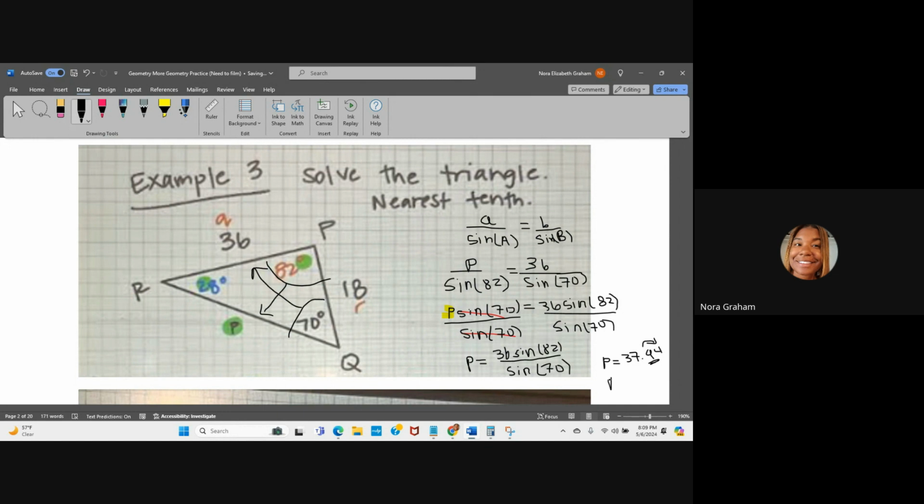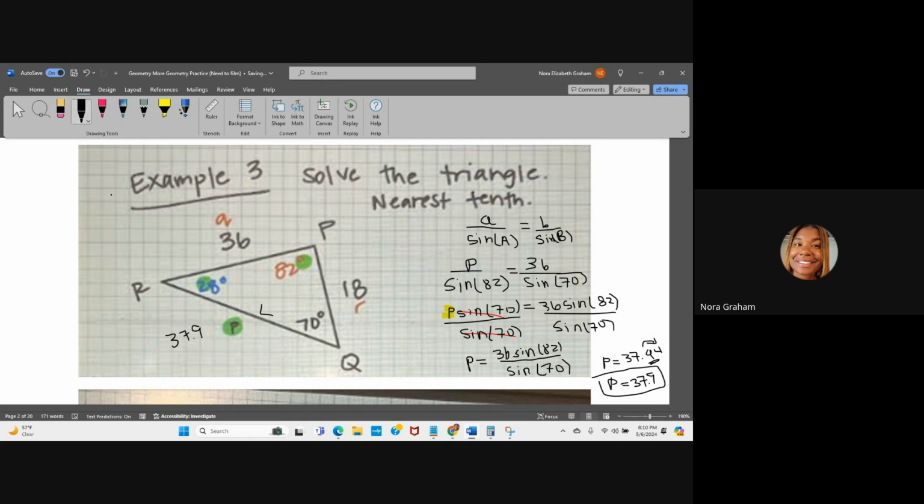So we're safe to say that our answer is going to be 37.9, and that's what P is going to equal. That seems like a reasonable answer.